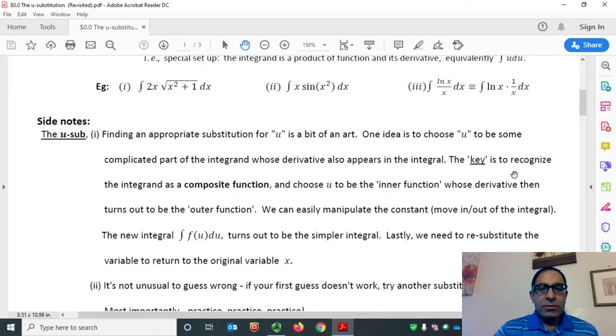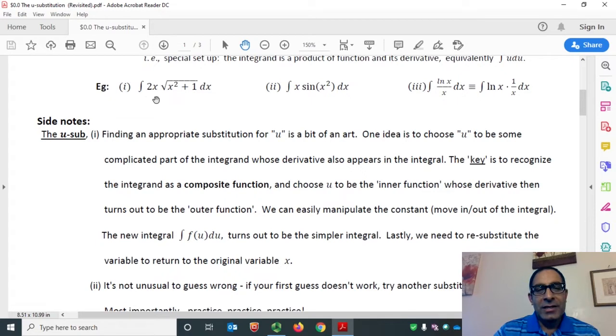The key is to recognize the integrand as a composite function and choose u to be the inner function whose derivative then turns out to be the outer function. So in the first example, again, this is a composition of two functions. The inner function is the radical of x squared plus 1, and the outer function is 2x.